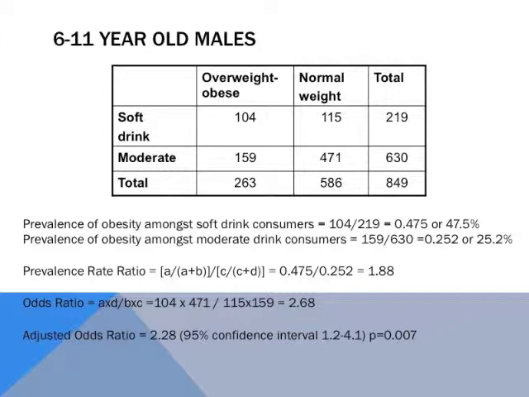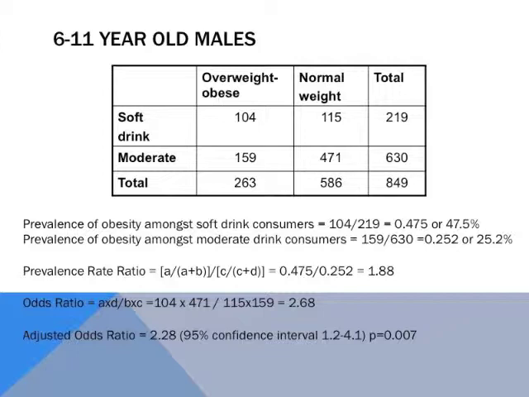For our purposes, we will focus on the 6 to 11-year-old males group, but you could repeat this with any of the strata. From Table 1 in the published paper, we see that 219 boys had a high intake of soft drinks and 630 had a moderate intake of all beverages.